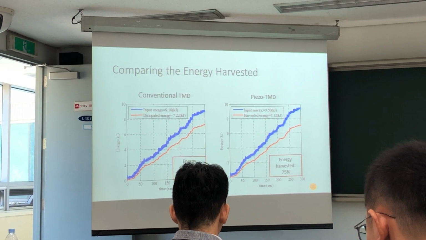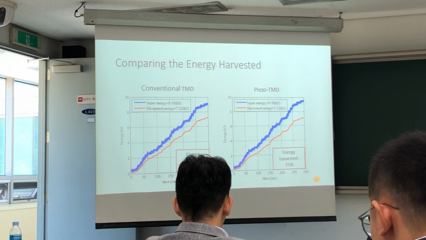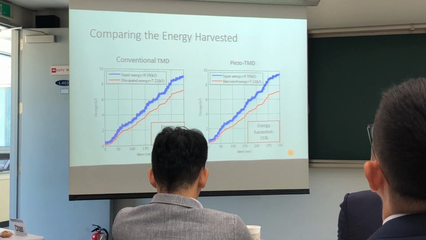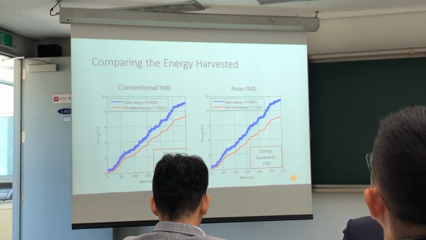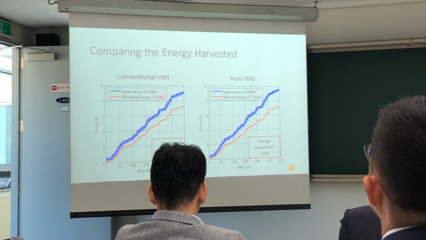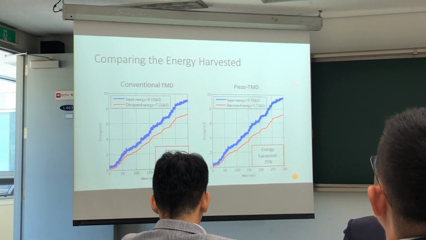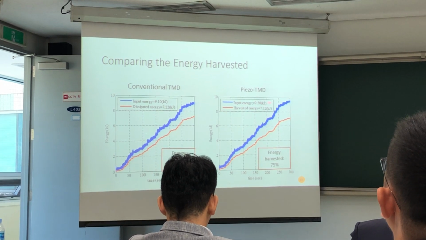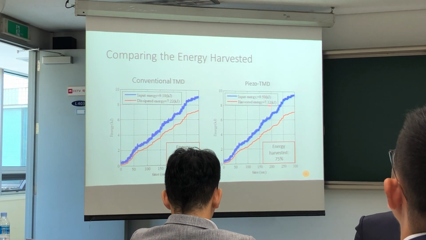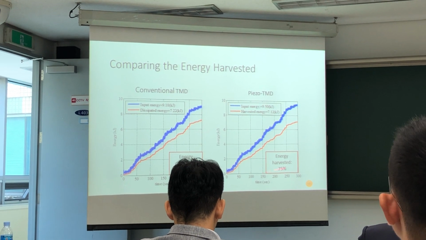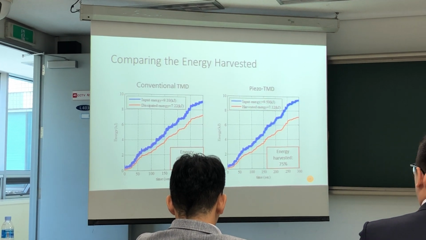After comparing the acceleration, the main difference of the piezoelectric tuned mass damper is the energy harvesting, so we are more curious about this part. The conventional TMD dissipates most of the energy. But in the piezo TMD, the input energy is 9.50 kilojoules and the harvested energy is 7.12 kilojoules, so about 75% of the energy is harvested.